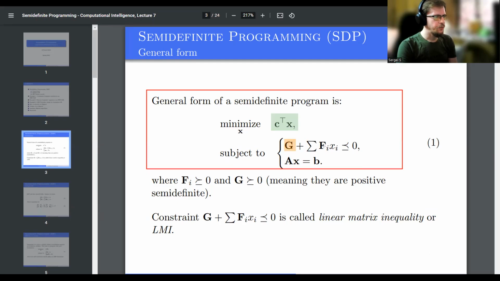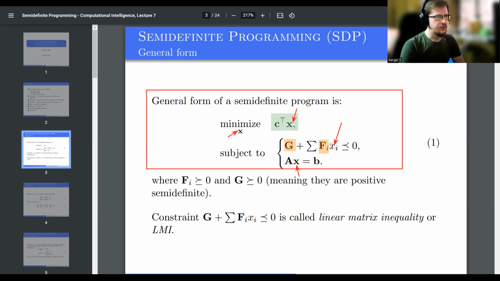Those are positive semi-definite matrices. And here you have decision variables, x. So x is a decision variable. The linear cost is with respect to x. This constraint with positive semi-definite matrices is with respect to x. Equality constraints are with respect to x.